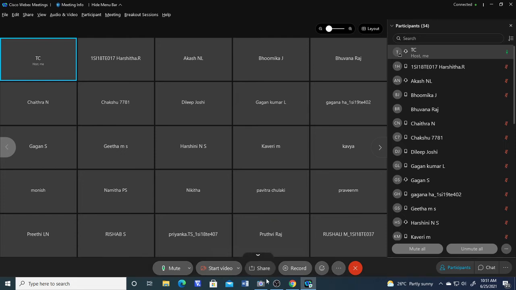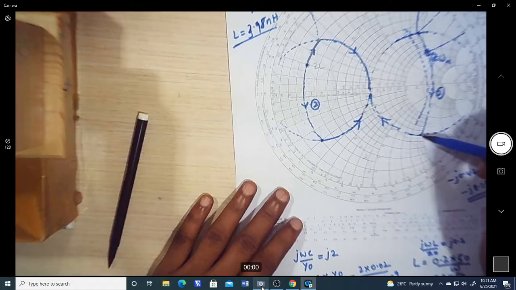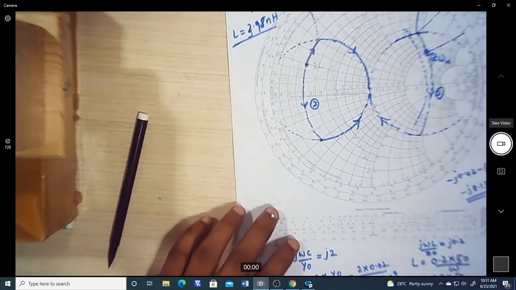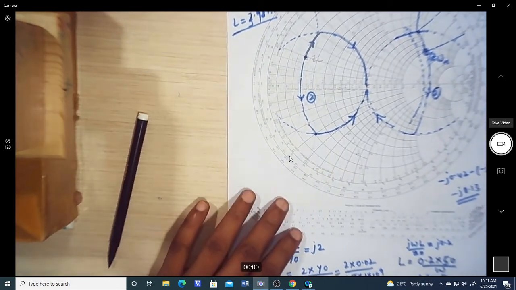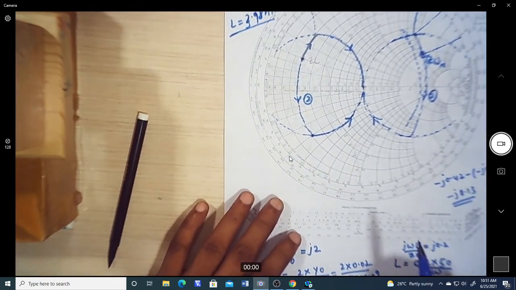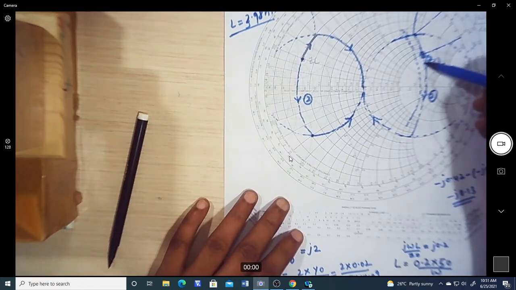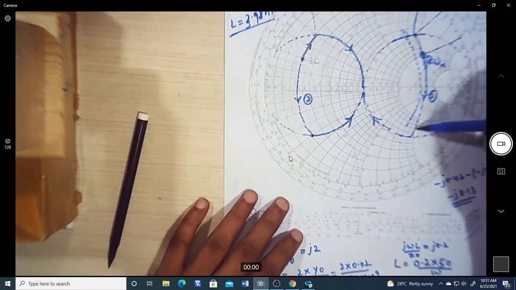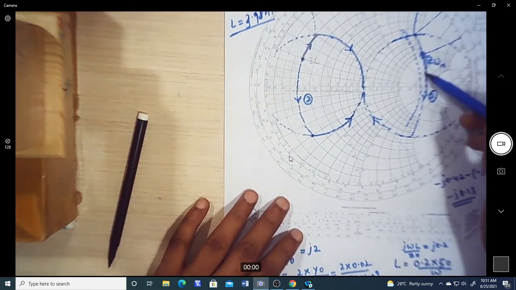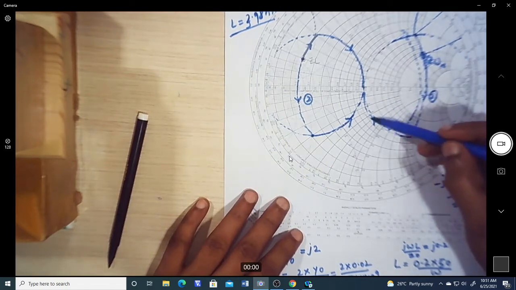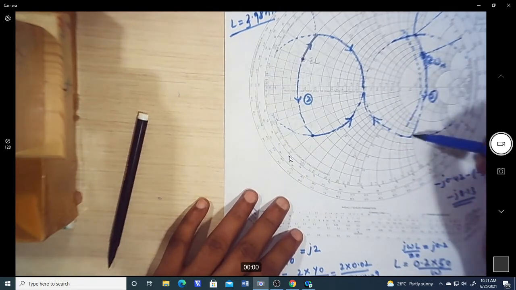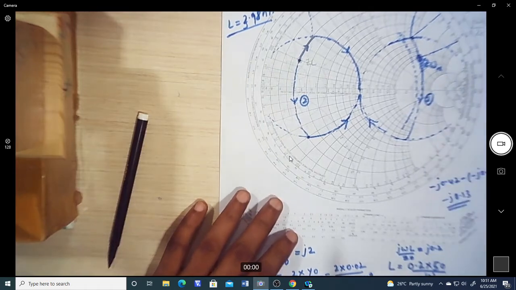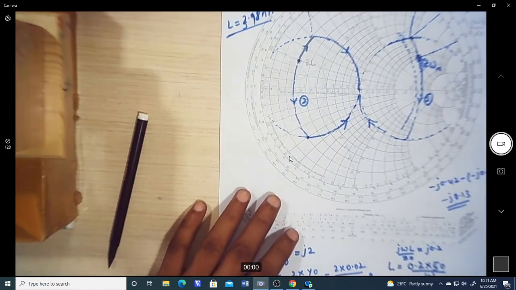So this is solution 2, where we have the shunt capacitor and then a series inductor. You have to find out the values of this and this, and that will become the second solution.